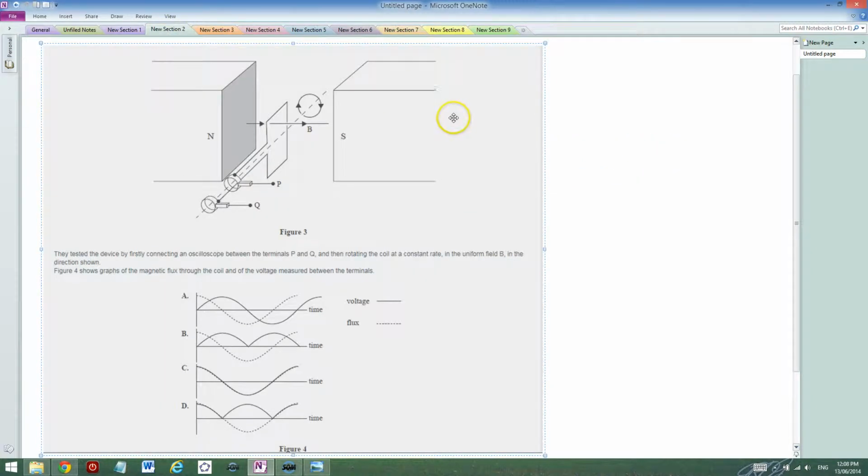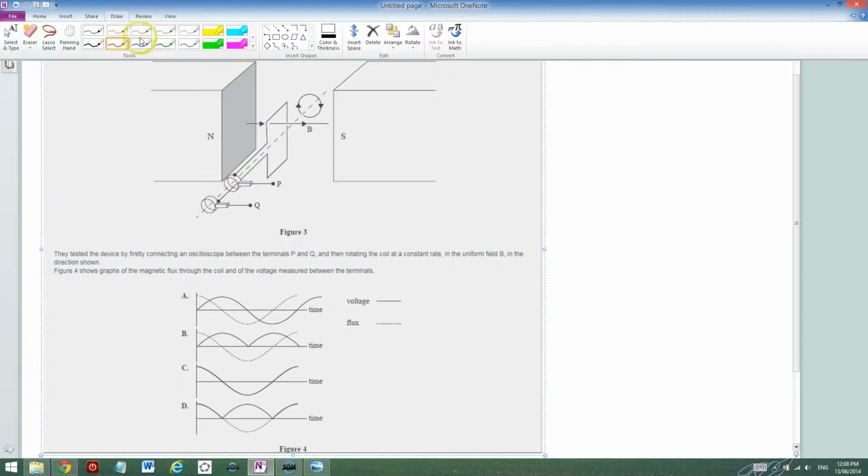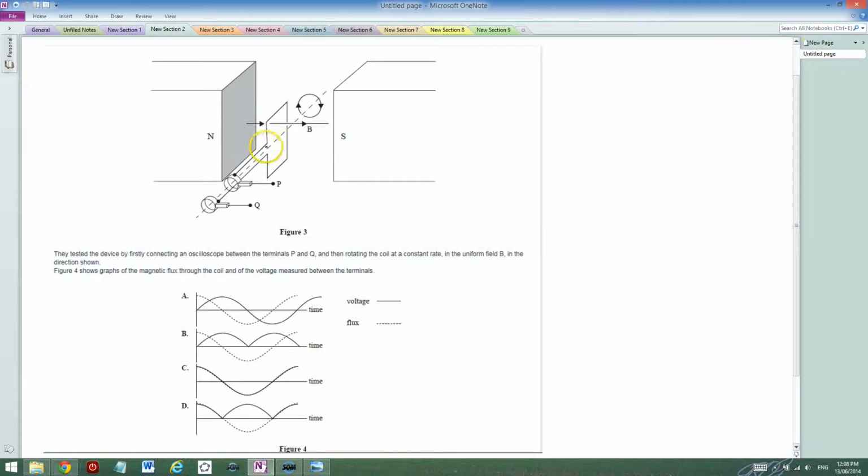Now, look at this question. In this question, we have an AC alternator. I can tell this is an AC alternator because if I look at those rings, they are slip rings. They're not commutators, they're slip rings. When I say slip rings, they are AC alternator.